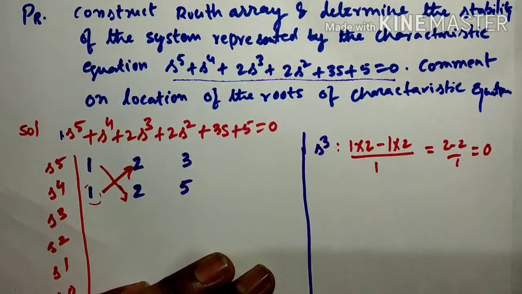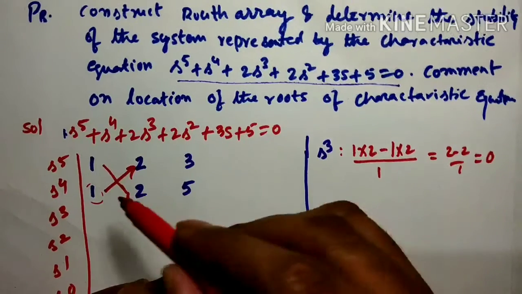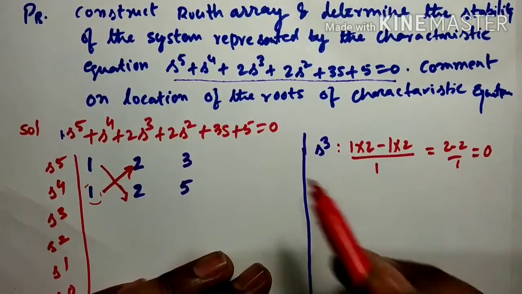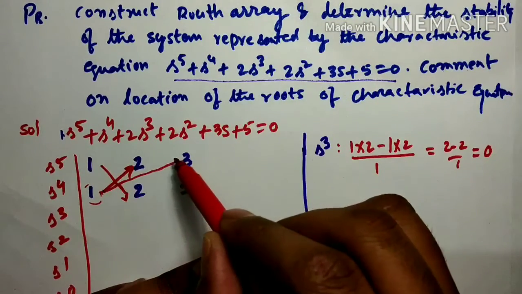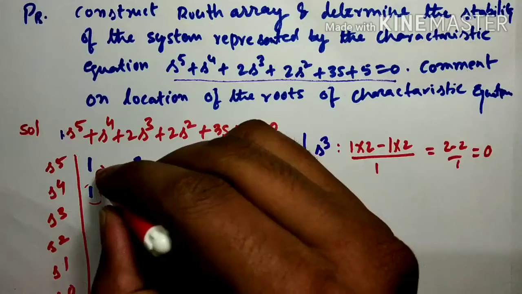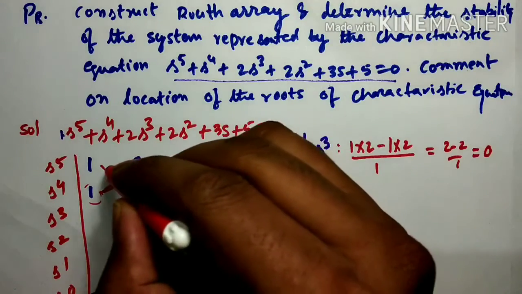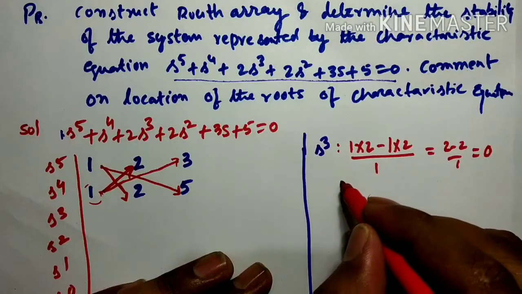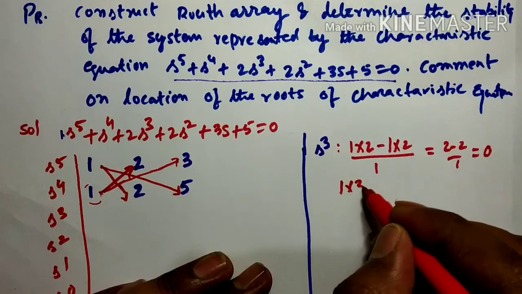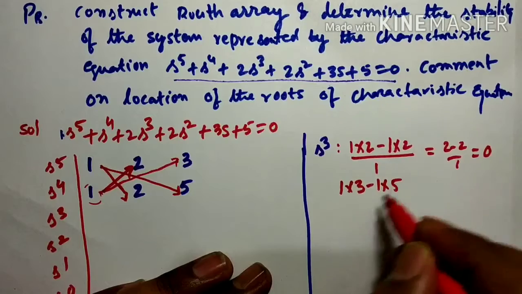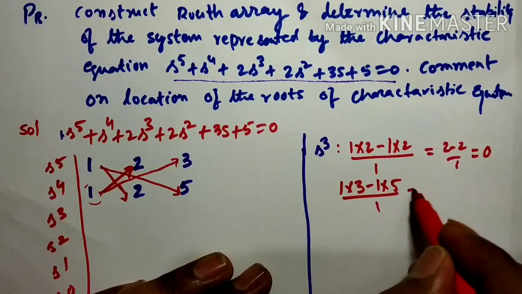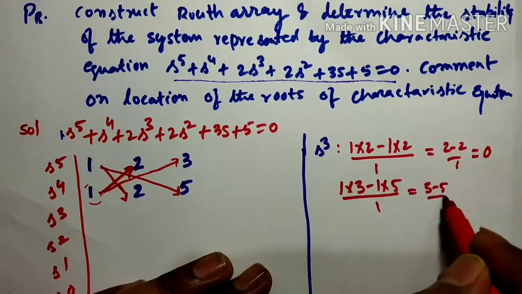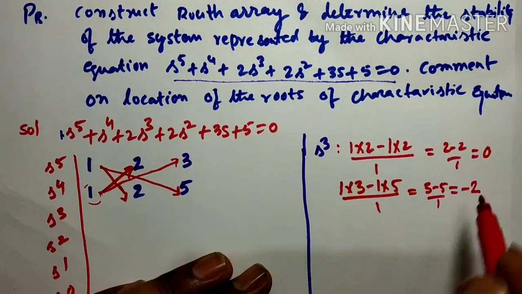So you got 0. Next, (1 into 3 minus 1 into 5) divided by 1, so you get 3 minus 5 by 1, equal to minus 2.